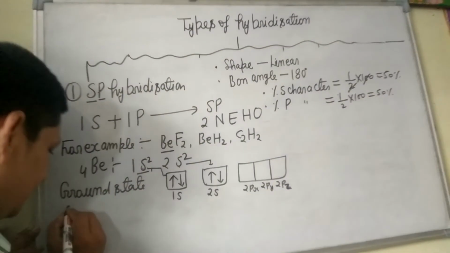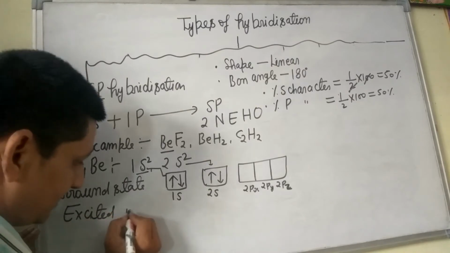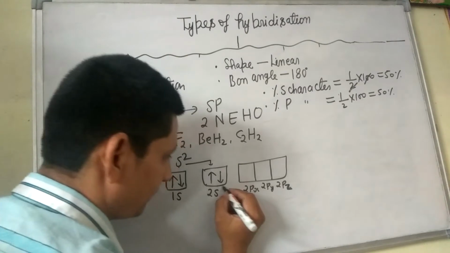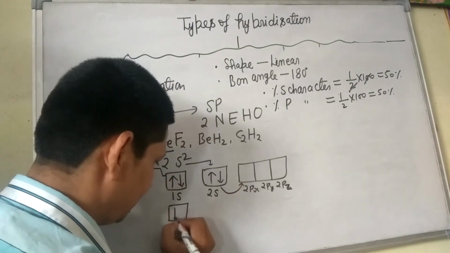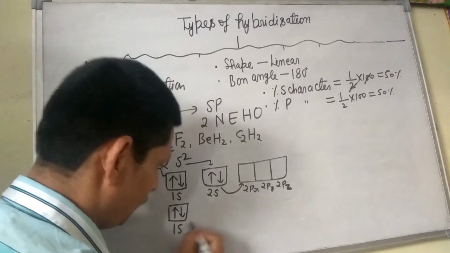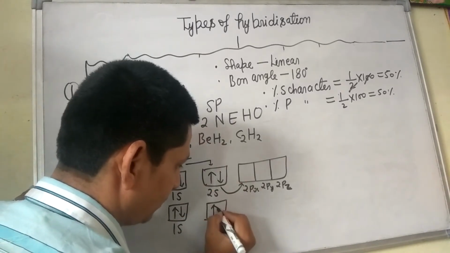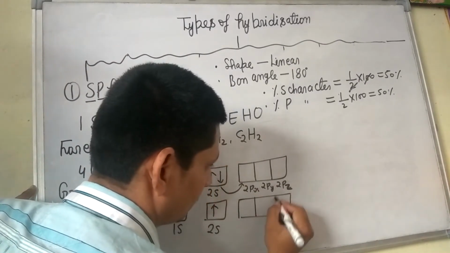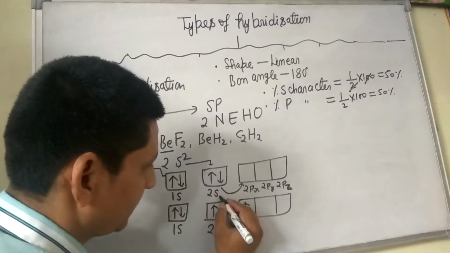After this, excited state. In excited state, we provide some energy, then one electron jumps from this orbital to this orbital. Now the arrangement becomes 1s with one electron less, and one electron joins here.